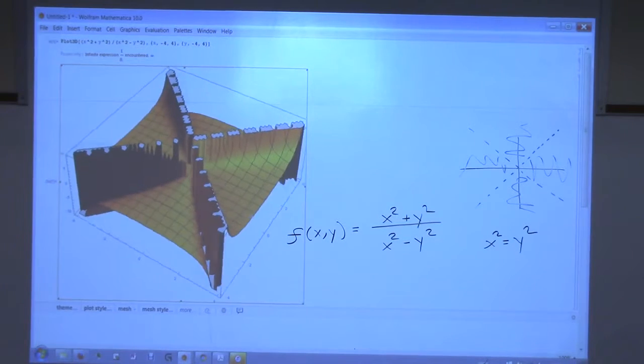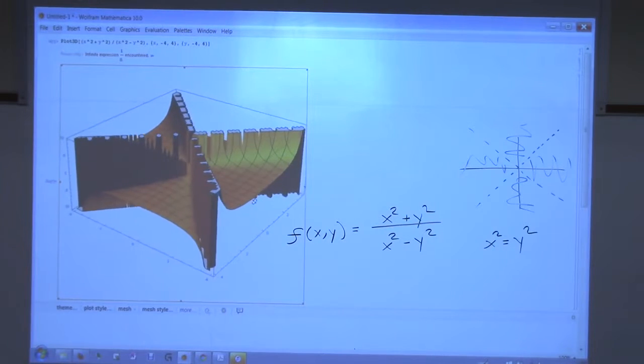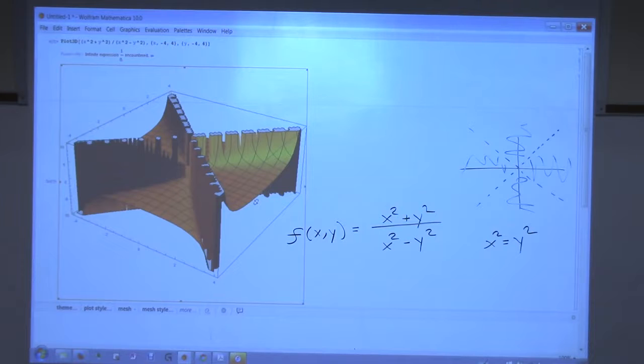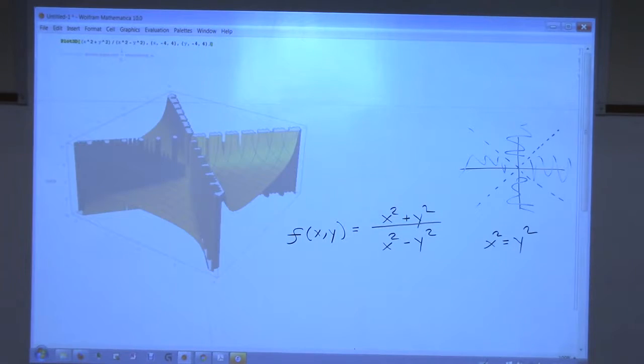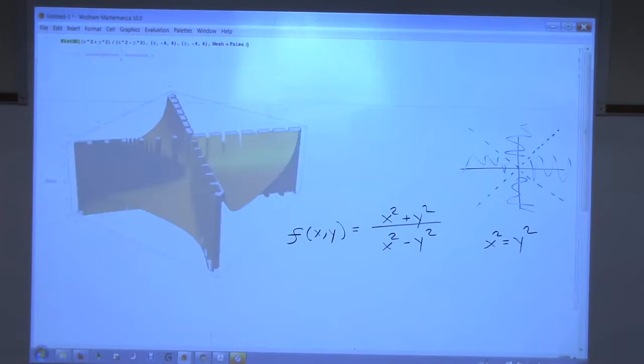Okay, so look, the computer is having some issues. So I'm going to do a couple of things to make this look a little bit nicer. First, I'm going to take the mesh out. I don't like the meshing. And then I'm going to force it to plot more points.